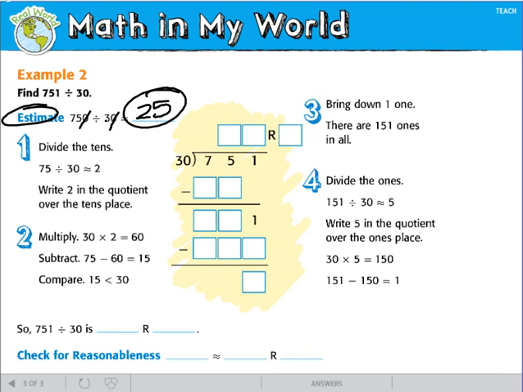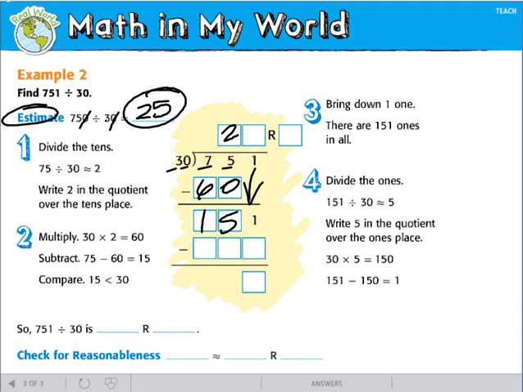Okay. So 30, we're going to divide the 10s first. We just said 3 goes into 7 twice, right? So 2 times 30. We subtract it. That gives us 15. We bring down our 1. 151. Okay?